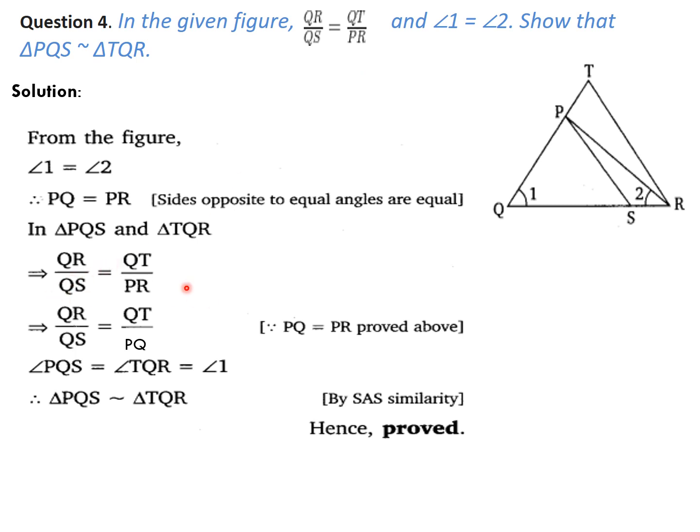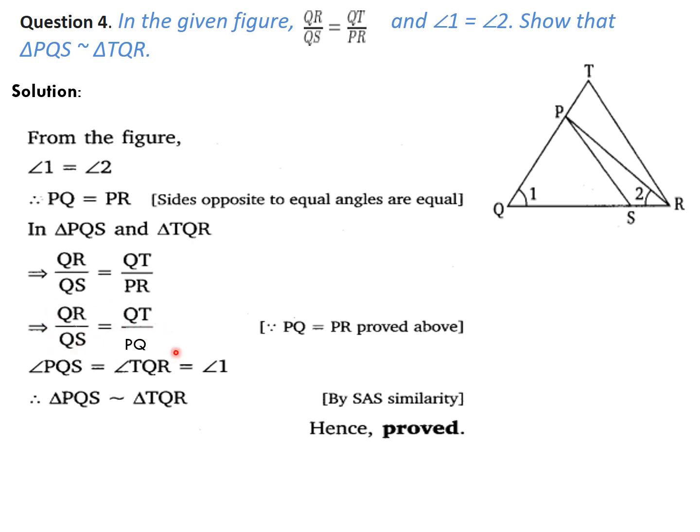So we can write over here that in triangles PQS and PQR, QR by QS equals QT by PR. Now we have already proven that PR equals PQ. So let's write PQ instead of PR. So the final ratio is QR by QS equals QT by PQ.